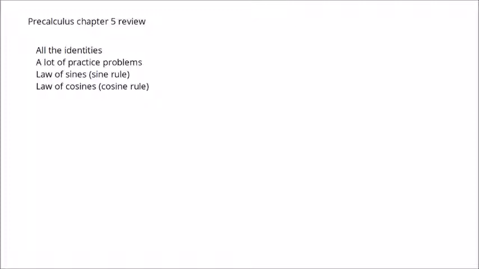Well, now we have this Chapter 5 review, and the Chapter 5 review is split into two distinct parts. One part is the proving and disproving of identities while also solving the equations, and the other part is the sine rule and the cosine rule, or the law of sines and law of cosines.